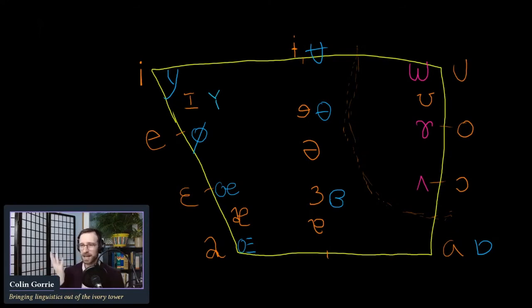Essentially, a glide is like a vowel being used consonantally, in a position in a syllable where you need a consonant. So you have things like E, where the glide version is a Y. You have things like U, where the consonant version is W. And you have a few others.